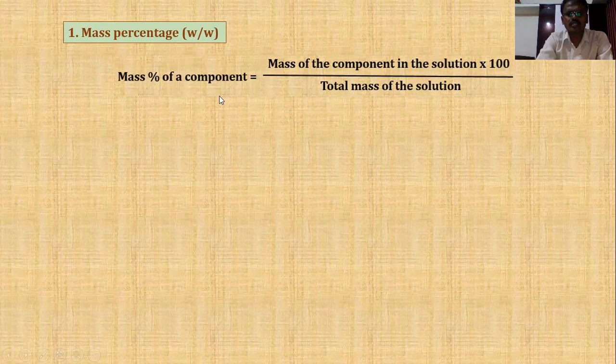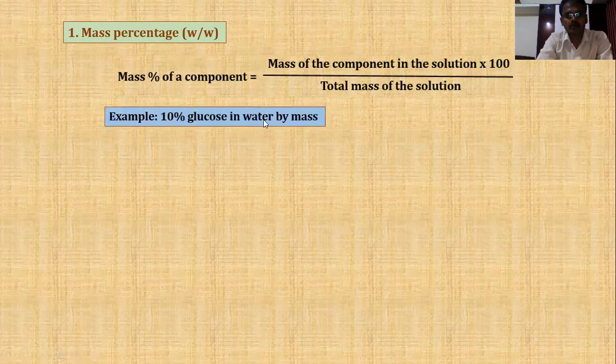And students, to understand the meaning of this much better, let me consider an example. 10% glucose in water by mass. What is the meaning of this?